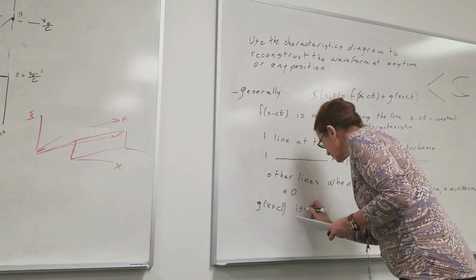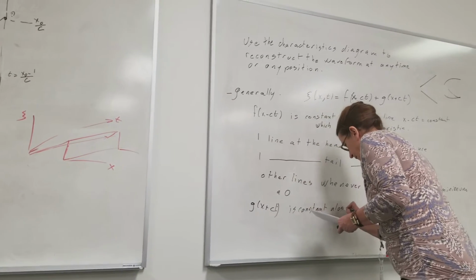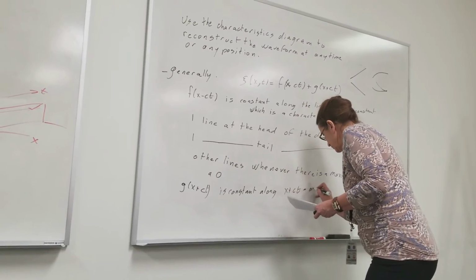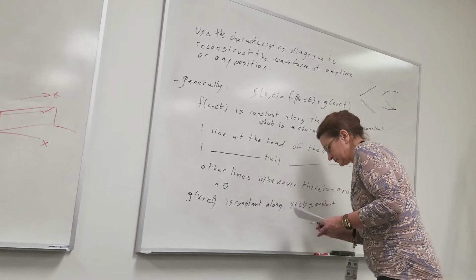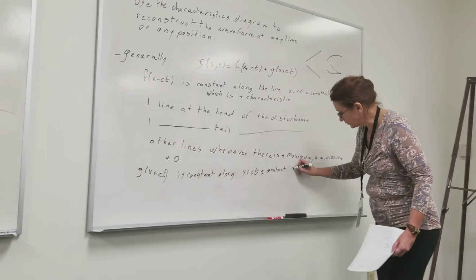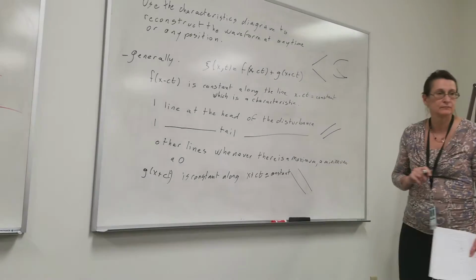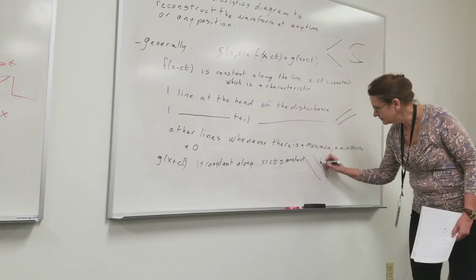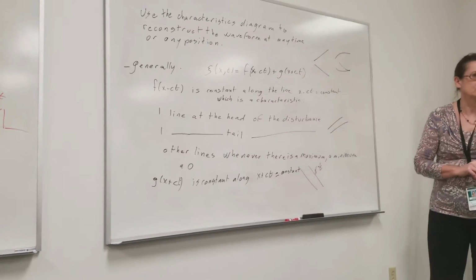This one is constant along the line x plus ct equals constant. So your characteristic will go backwards instead of going forwards. Same slope, well, the slope minus 1 over c for those characteristics.